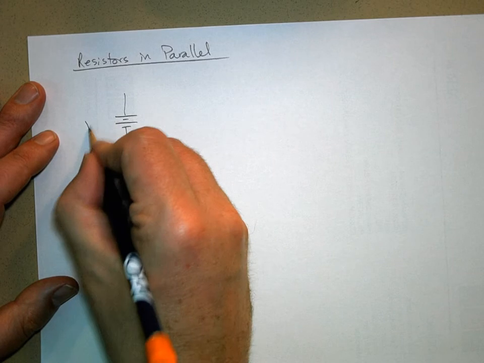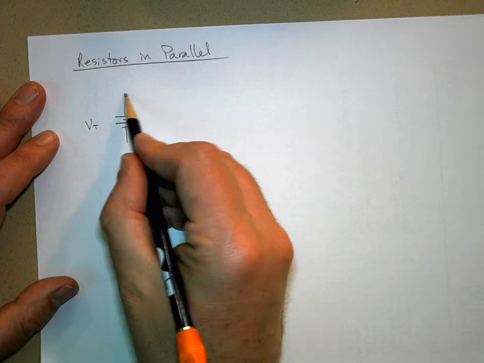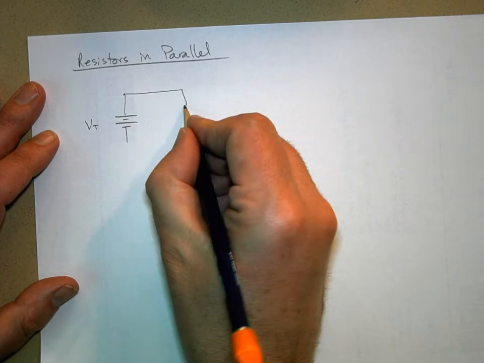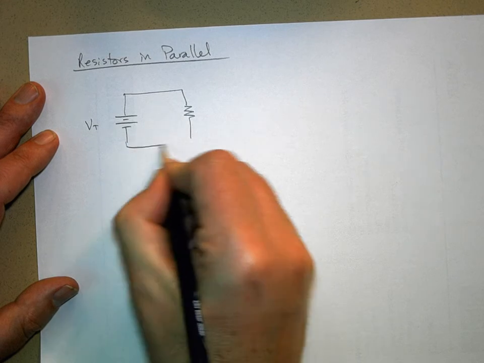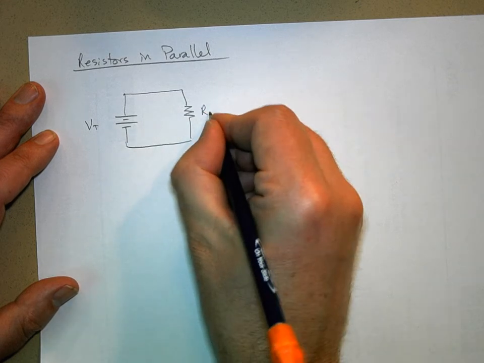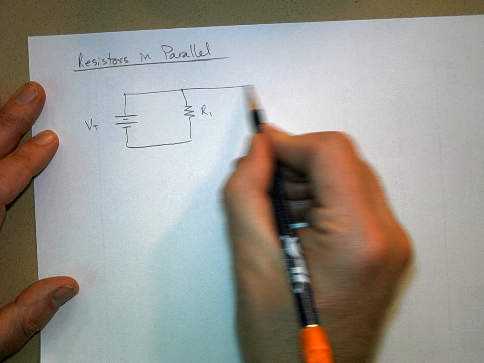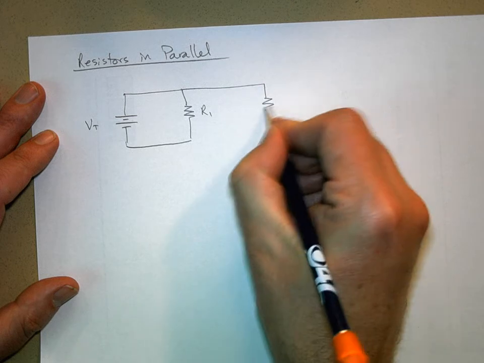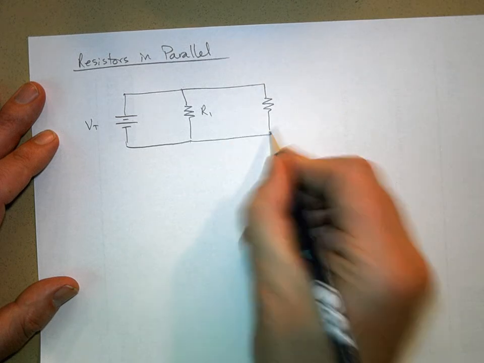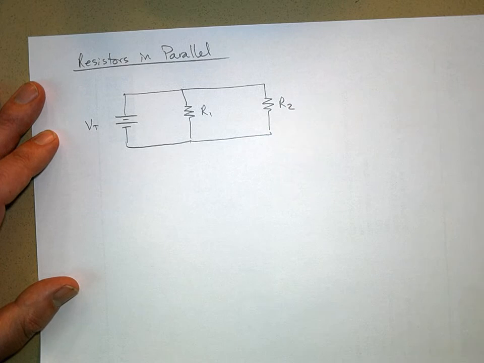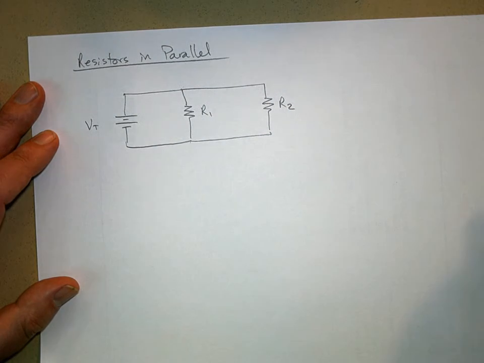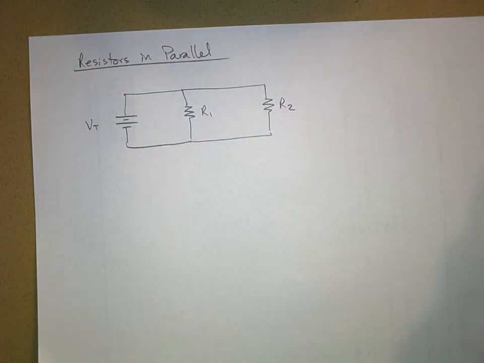Here's our total voltage delivered by the battery. Here's R1. And here's R2. And I could put on R3 and R4, whatever, in parallel. Now these are in parallel.